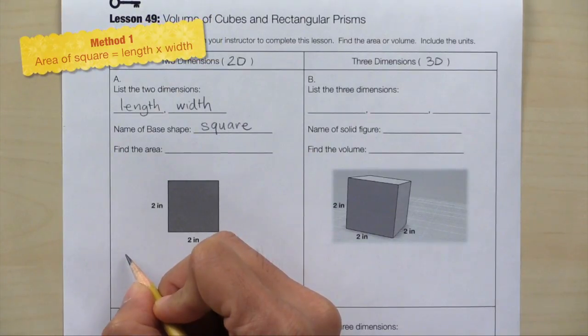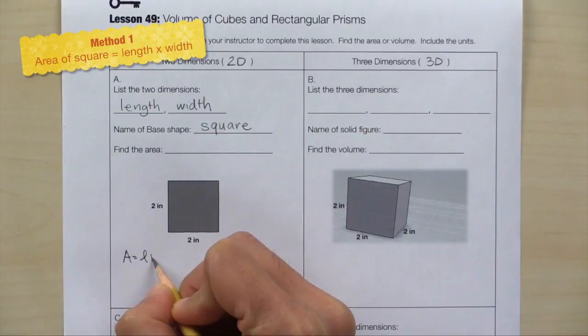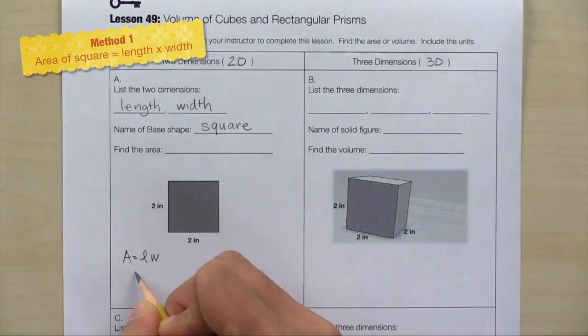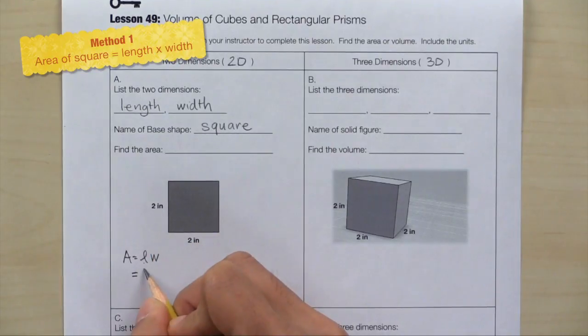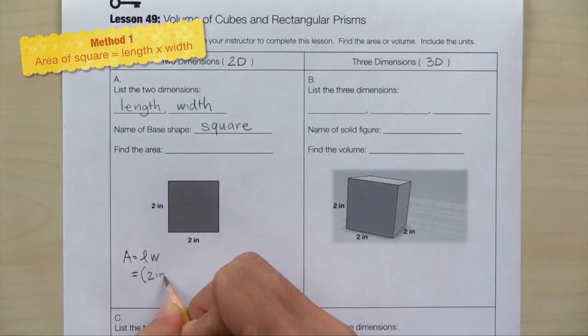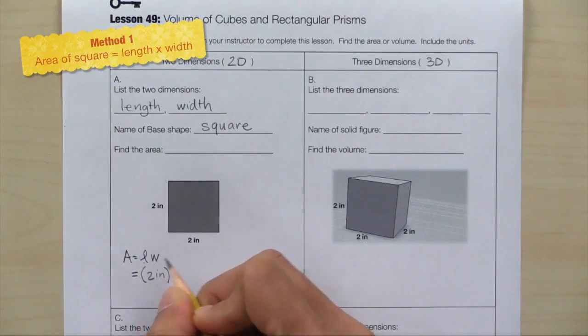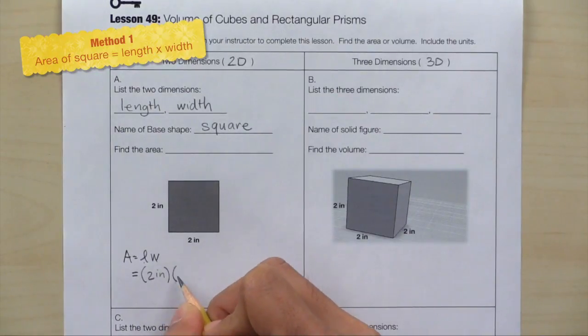Now let's find the area of the square, and we're going to use 2 different methods. Here's method number 1. Write down the formula, area equals length times width. On the next line, the length is 2 inches, and the width is 2 inches.